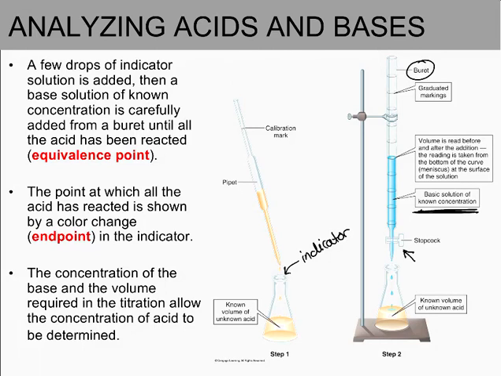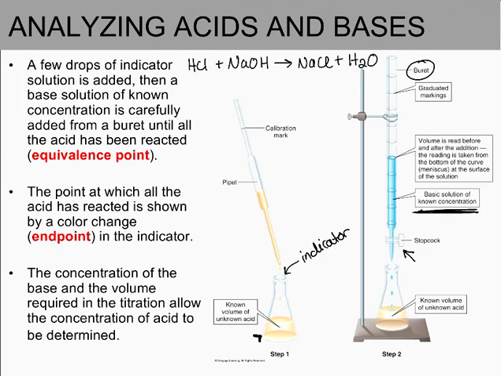All right, so then what we're really doing here is performing a neutralization reaction. For instance, if we're using hydrochloric acid and sodium hydroxide, we're going to end up with NaCl and H2O, just like we've seen previously.